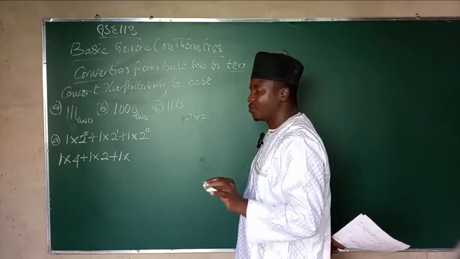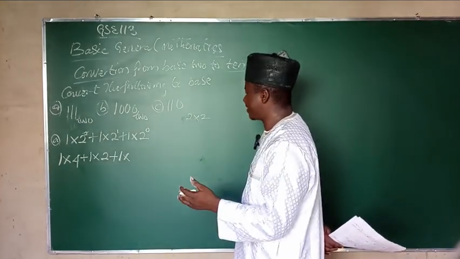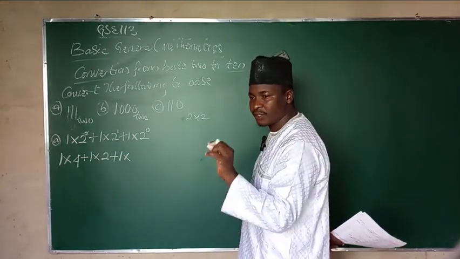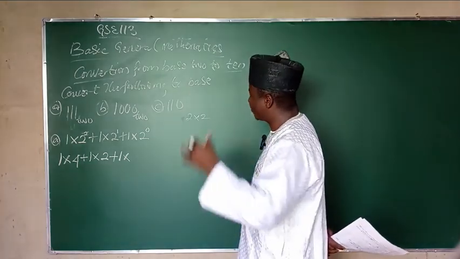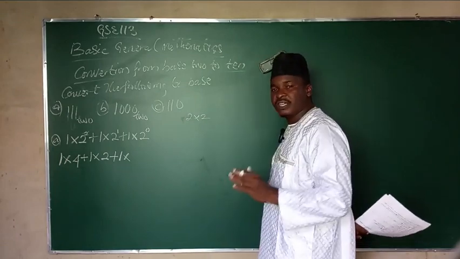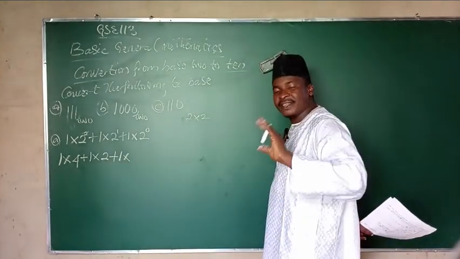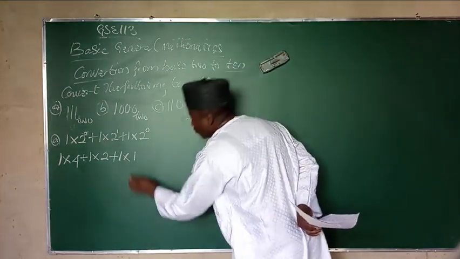So 2 to the power of 0 is 1. It's a law in mathematics. According to the law of indices, any number to the power 0, the result is 1. When it is 1 million, 2 million, 3 million, as far as that number is raised to the power of 0, the result is 1. Therefore, times 1.